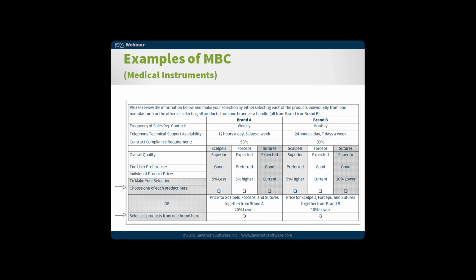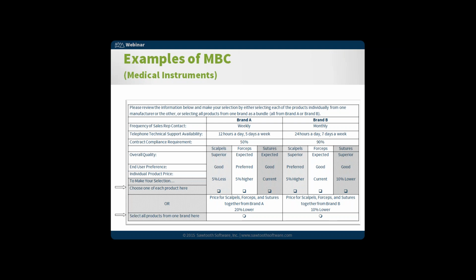So this is David Bakken's example having to do with buying some medical devices, specifically buying scalpels, forceps, and sutures. So imagine that you are in charge at a hospital of purchasing scalpels, forceps, and sutures.